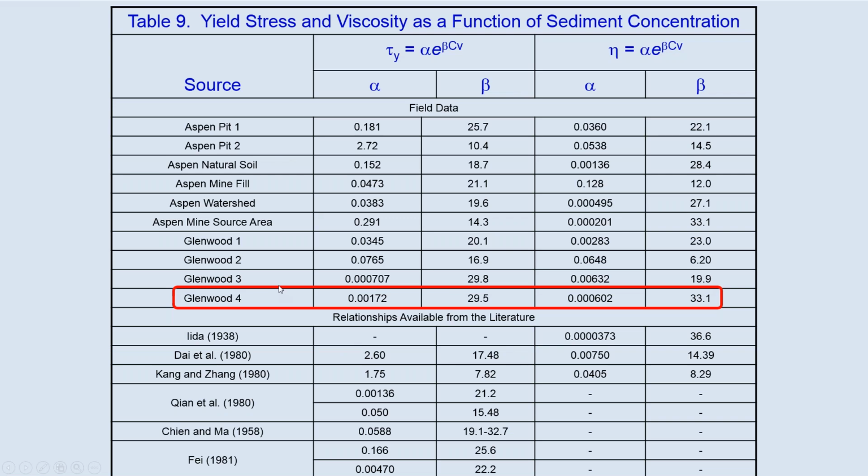So in other words, you take one of these different research samples that either mine or one of the other researchers made, and take a given concentration by volume, say 40 or 45%, and calculate the viscosity and the yield stress for it.